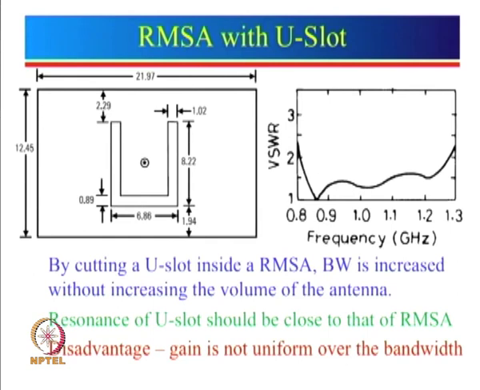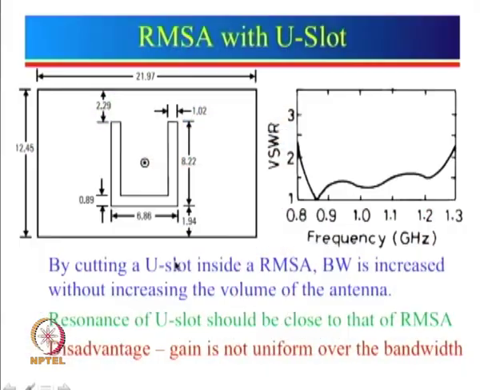In fact, this configuration became very popular at one time. The reason for that is that this particular configuration achieved wider bandwidth without increasing the volume. So, if you recall, the bandwidth can be increased by increasing the substrate thickness, that means volume is increased, or bandwidth can be increased by reducing the epsilon r, that will increase the aperture area, that means again volume is increased.